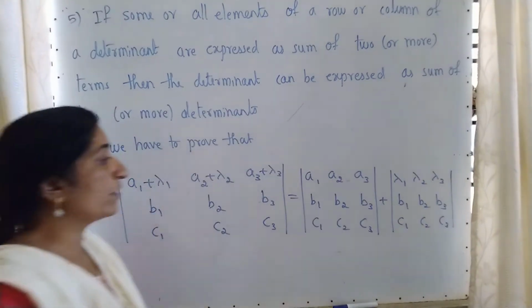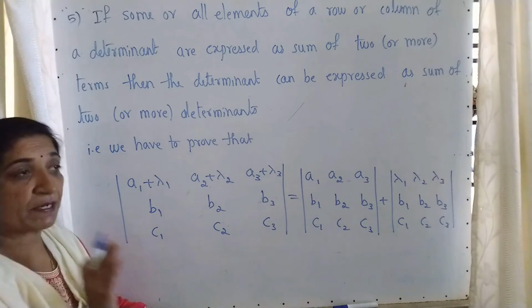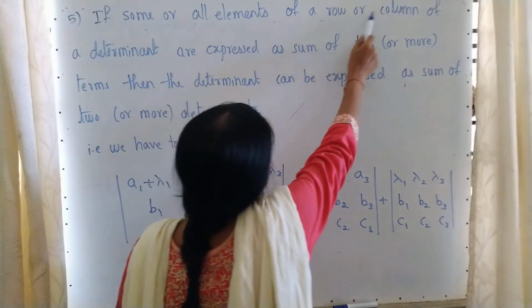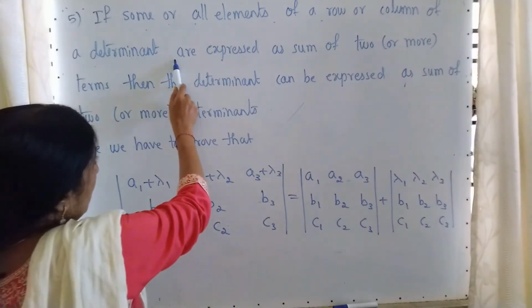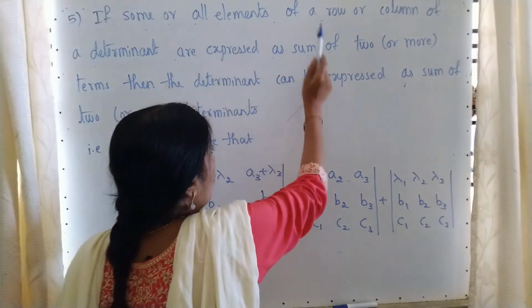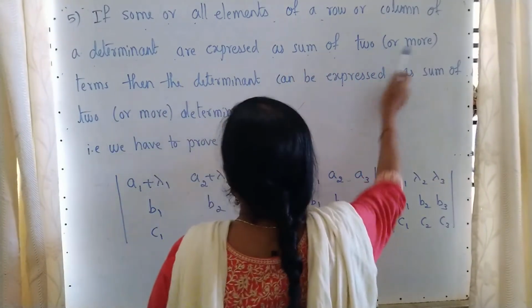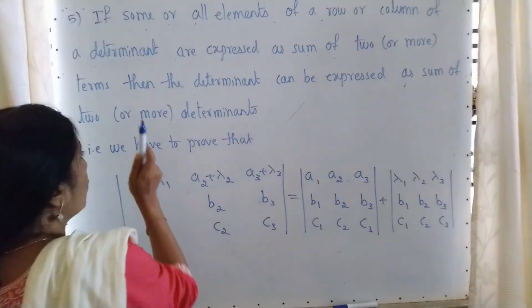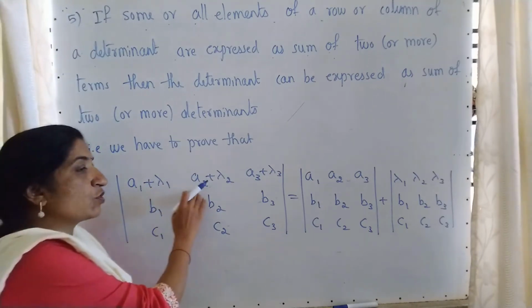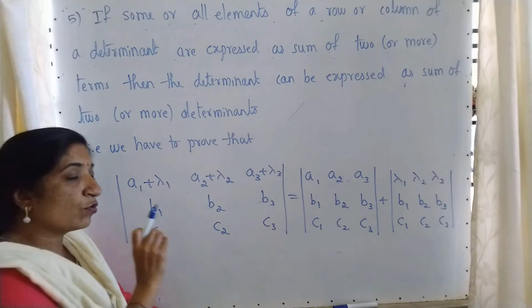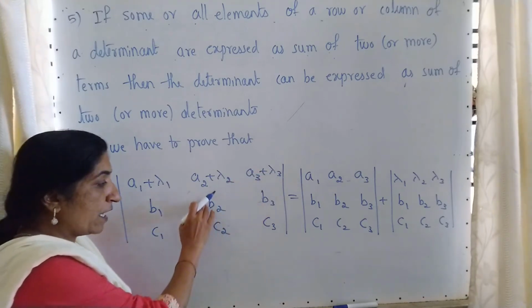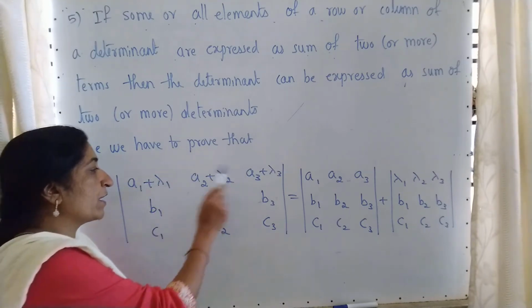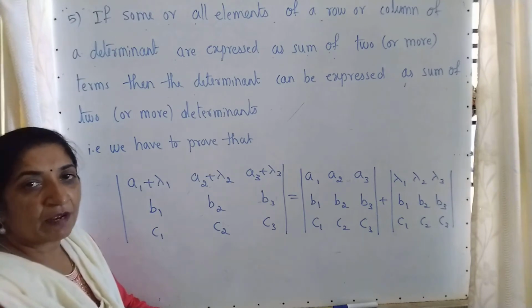Before moving to the verification proof, again I will explain that statement itself. If some or all elements of a row or a column of a determinant are expressed as sum, means addition of two or more terms, then the determinant can be expressed as sum of two or more determinants. Here the first row is expressed as sum of two terms, so it is splitting as sum of two determinants. Second and third row remain as they are. Only in place of first row, the first determinant will have A1, A2, A3. In the second determinant we have lambda 1, lambda 2, lambda 3.